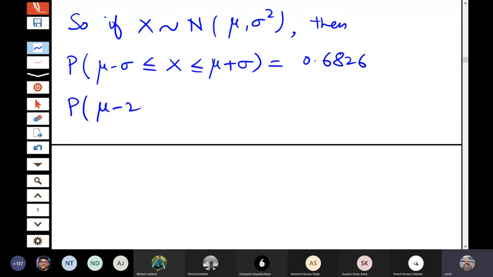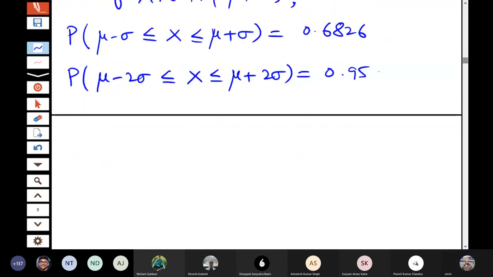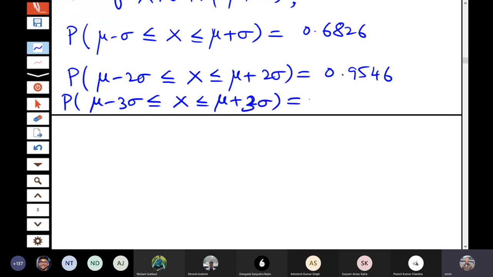The probability of mu minus 2 sigma less than or equal to x less than or equal to mu plus 2 sigma is 0.9546. And the probability of mu minus 3 sigma less than or equal to x less than or equal to mu plus 3 sigma is 0.9974. That means almost 99.74% of the observations lie within 3 sigma limits.